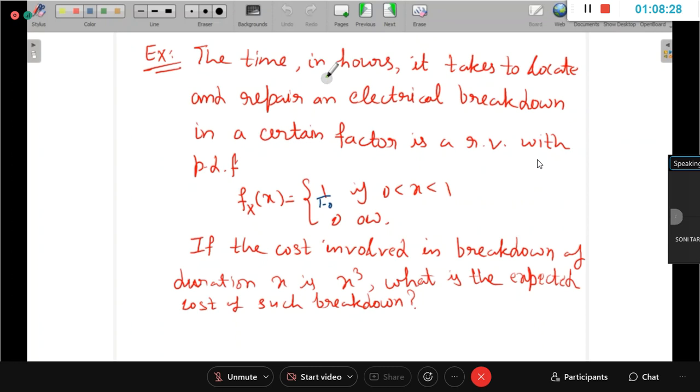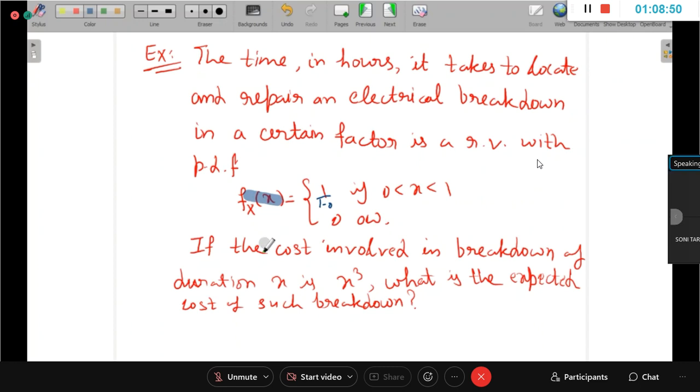Now, this problem: the time in hours it takes to locate and repair an electrical breakdown in a certain factory is a random variable with the following PDF. So again, x is uniformly distributed over the interval 0 to 1, that also can be followed.